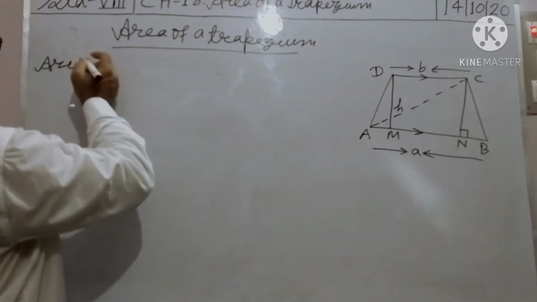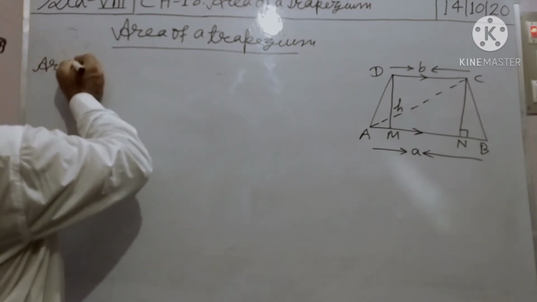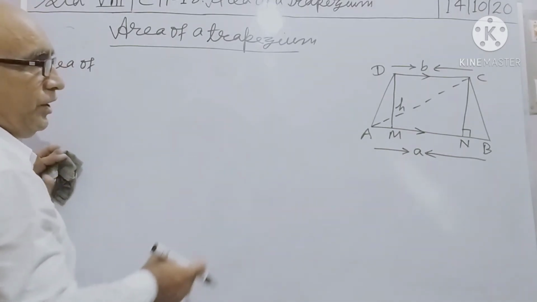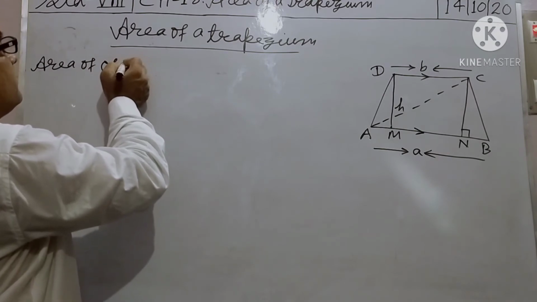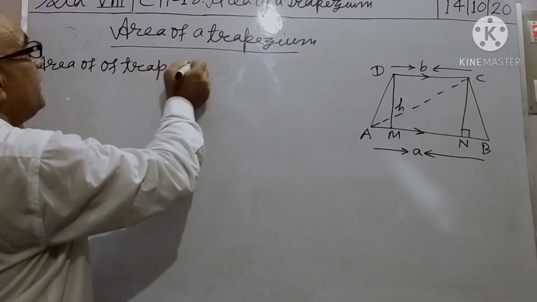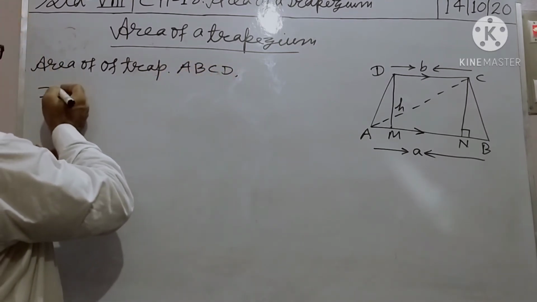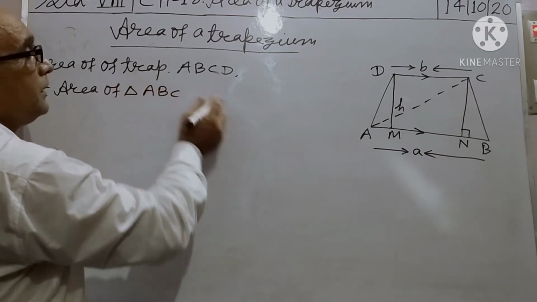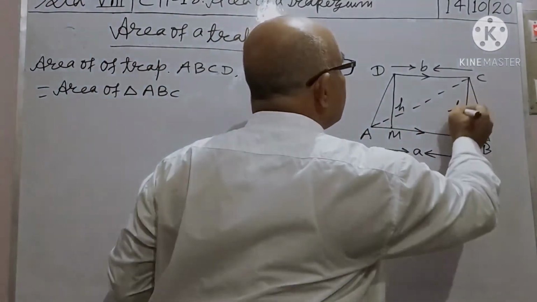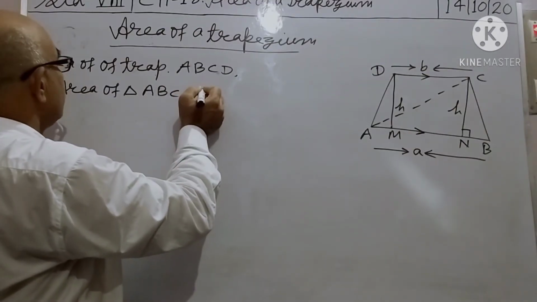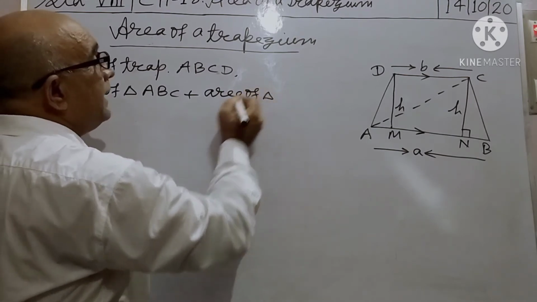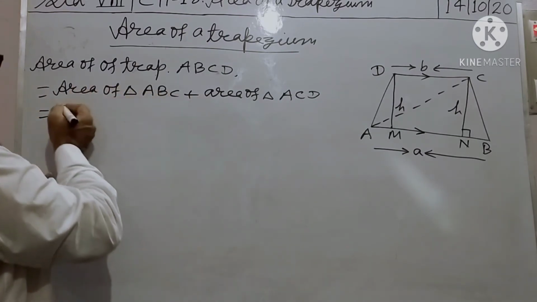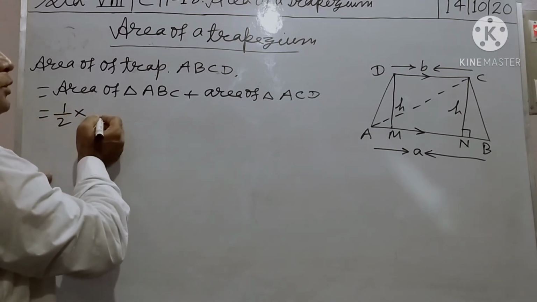Area of trapezium ABCD equals area of triangle ABC plus area of triangle ACD.